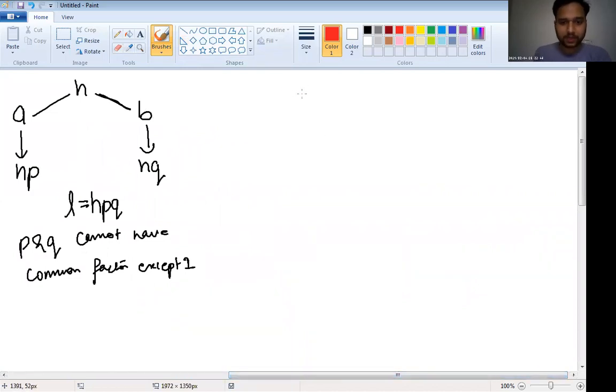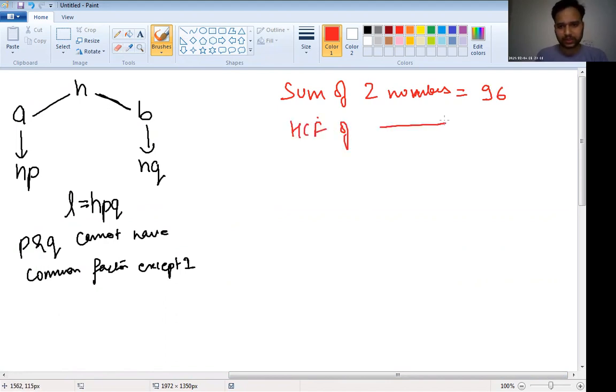Question is, the sum of two numbers is 96 and the HCF of those two numbers is 6.